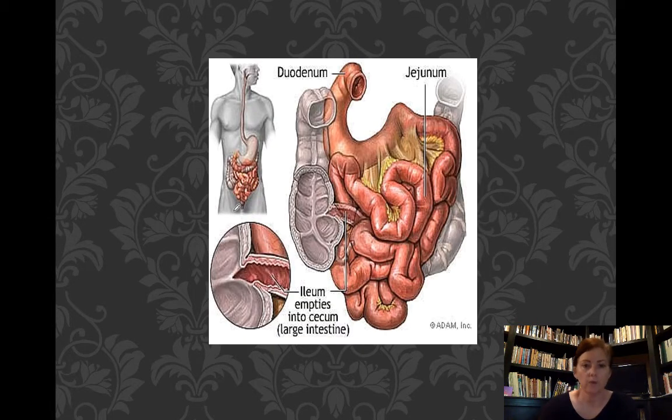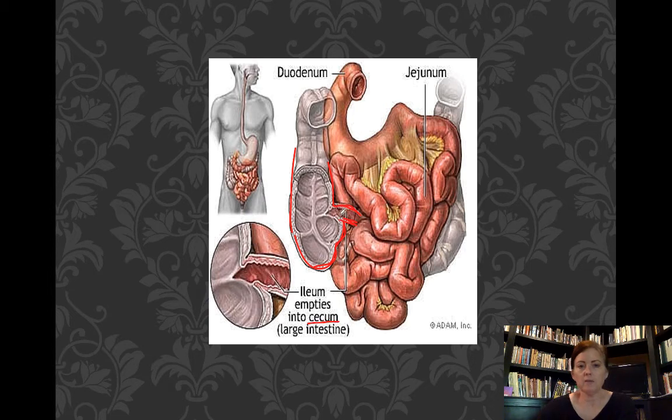Okay, when we come to the end of the small intestines, this is going to be the end of our small intestines. This is the ileum, and we have this small sphincter where the ileum joins into the large intestines. This is going to be starting the large intestines here. Okay, this little pouch at the bottom here, which is part of the large intestines, is called the cecum.